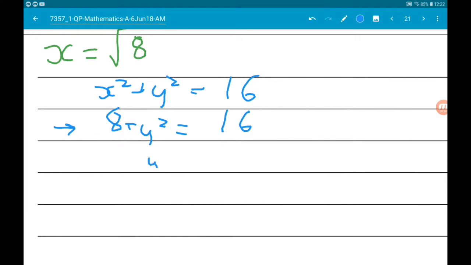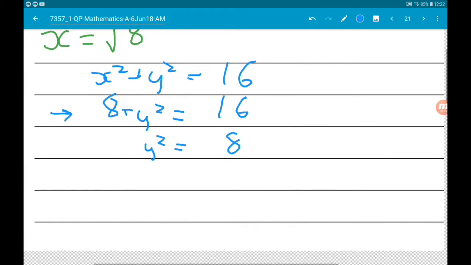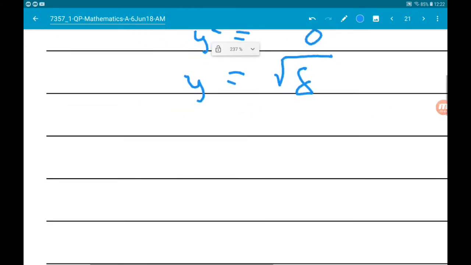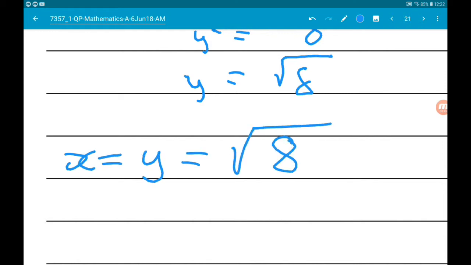Y squared then is equal to 8. So y is also equal to root 8. So up to here then we know that x is equal to y is equal to root 8.